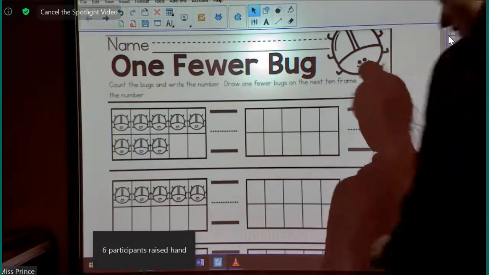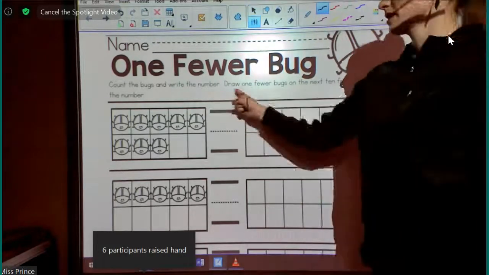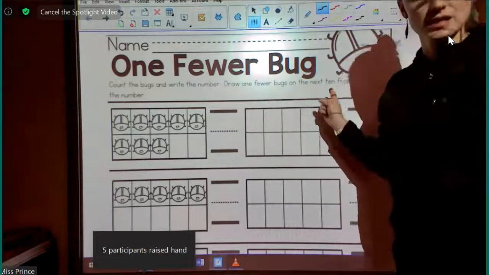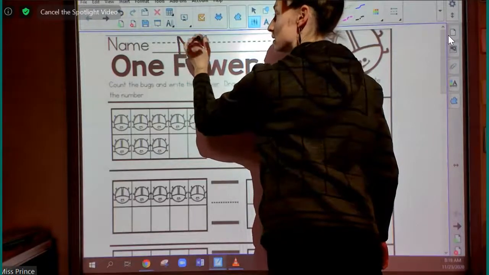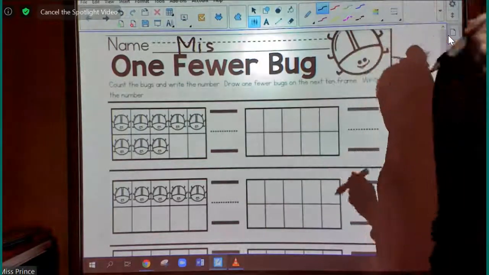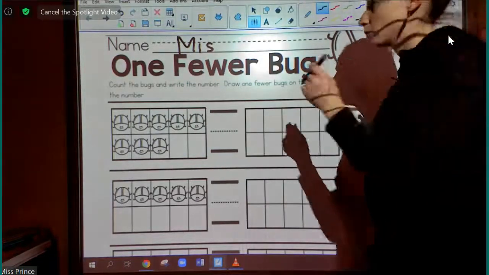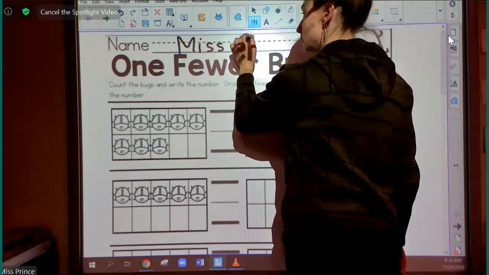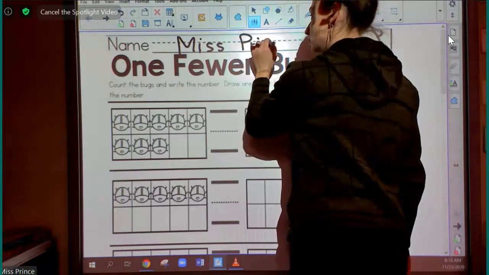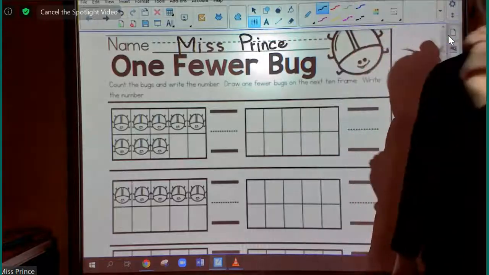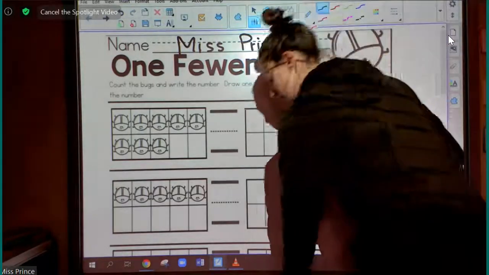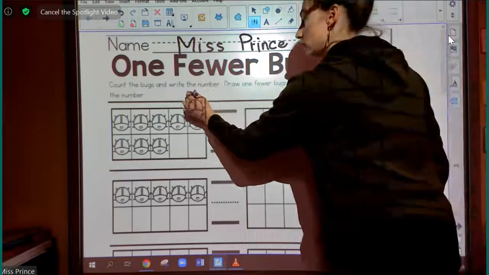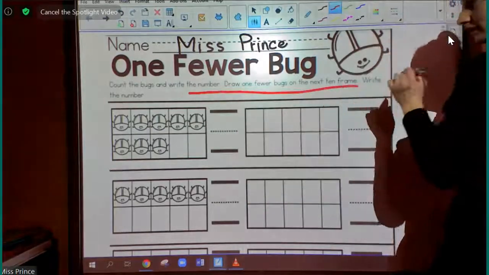So I'm going to draw my number line here to help me, just like I did on my other paper. And I want to make sure my name is on this because we don't have packet pickup this week, but the week after, we're going to want to turn this in. So name is on your paper. And then I'm going to draw my number line here. So I have my line.